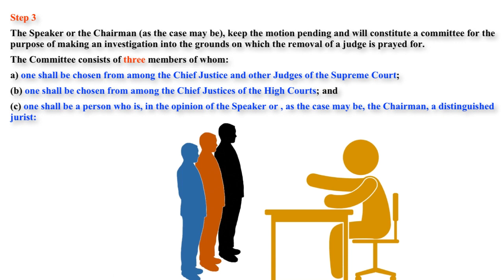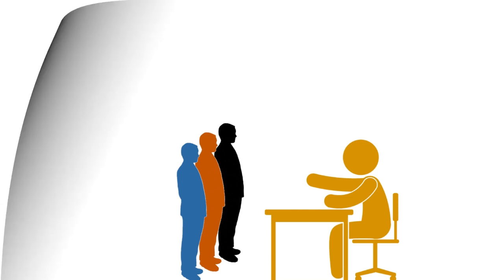One shall be chosen from among the Chief Justices of the High Courts, and c. One shall be a person who is, in the opinion of the Speaker or, as the case may be, the Chairman, a distinguished jurist. As you can see in the illustration, the Speaker or the Chairman, as the case may be, will keep the motion pending and form a 3-member committee.